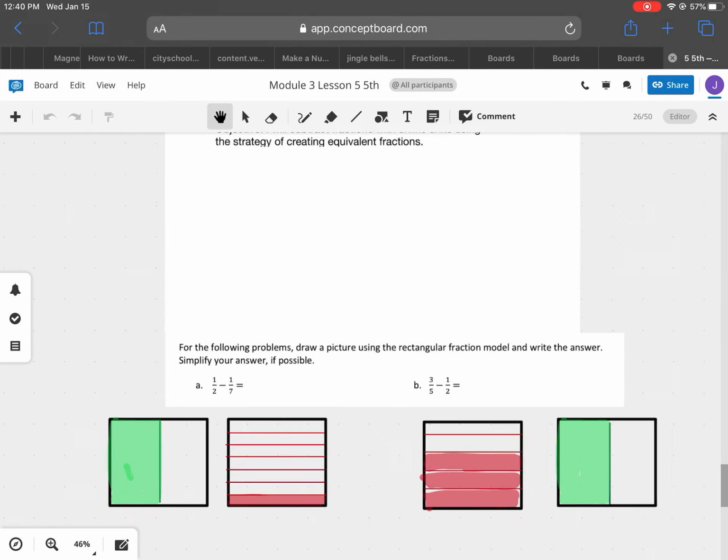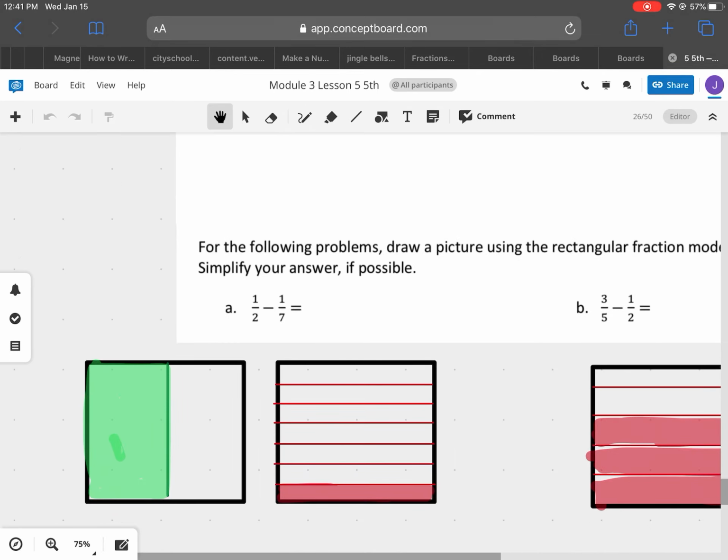All right, so here we go on the left here. Here's an example. We have 1/2 minus 1/7. Now I still have some students still struggling with how do they know how many lines to draw. Well, right here we have a 2, so that's why we have 2 sections here. So we divided the whole into 2 sections, and then we shaded in 1 section.